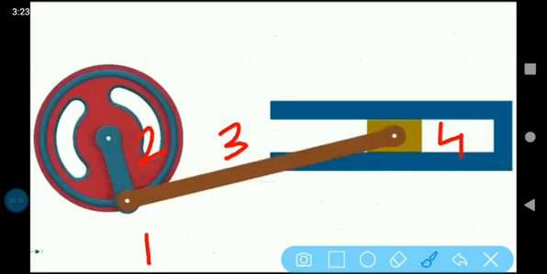And then there is a connection between the slider and the cylinder, which is also considered as fixed. So that is also counted as part number 1. So totally in a slider crank mechanism there are 4 parts, and these 4 parts are connected with each other, and each part has a specific motion, and motion of each part is predictable and repeatable. So that is the definition of a mechanism.